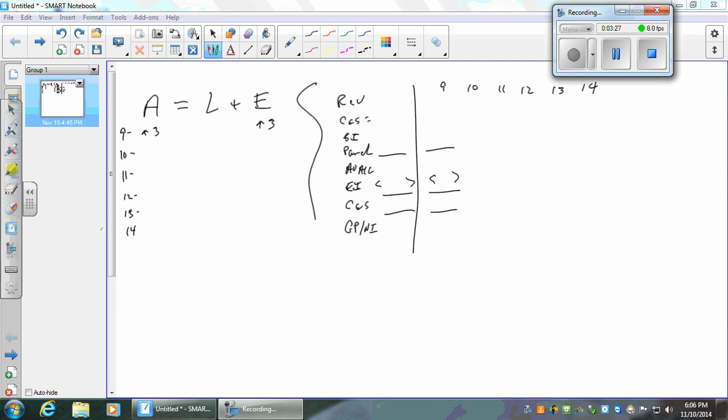What do I know is wrong? Beginning's okay, purchases is okay, available's okay. Ending inventory is too high by 3. I subtract 3 too much from a correct number. What does that do to cost of goods sold? Understated by 3. Everybody agree? What does that do to gross profit and net income? Overstated by 3.